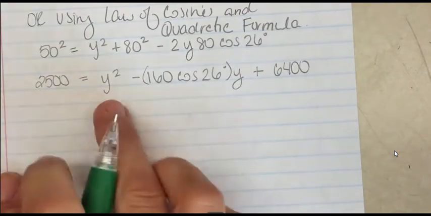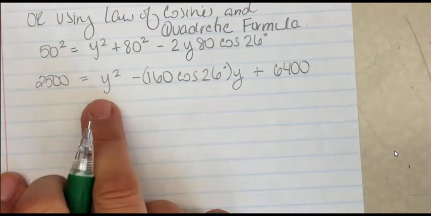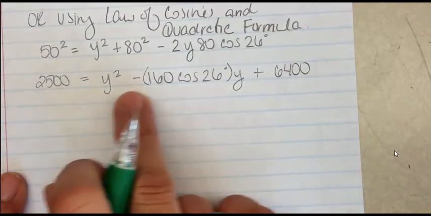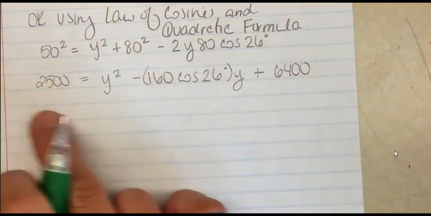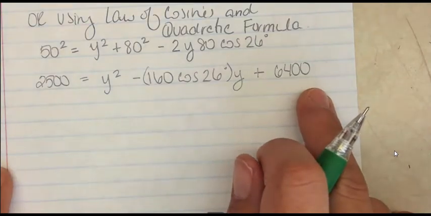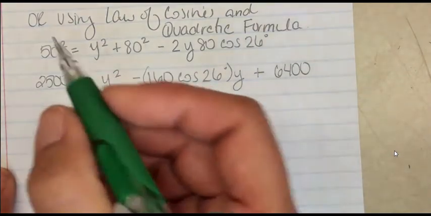Now hopefully you can see that this is in quadratic form. So we have y squared, we have something times y, we have 6400. I can put this into standard form and I can use the quadratic formula if I would like to.